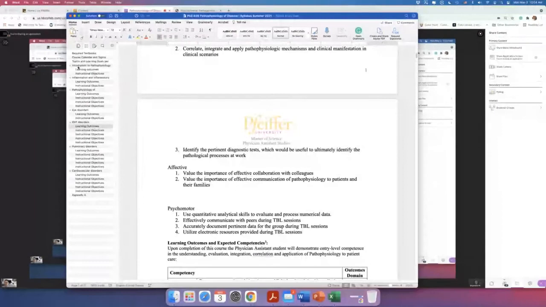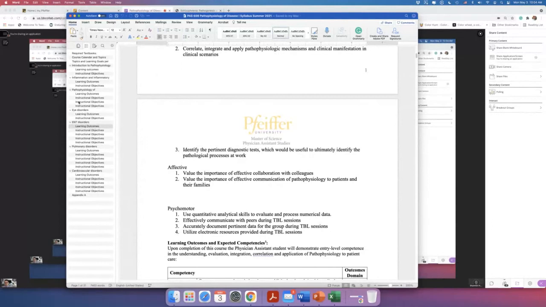You have here the different topics: introduction, then a brief section on inflammation and the inflammatory response, which is very important to understand later the pathophysiology of the skin and dermatologic disorders. Then we are going to move to the eye, ear, nose, and throat, lung disease, and cardiovascular disease.